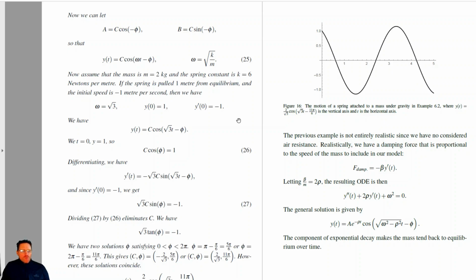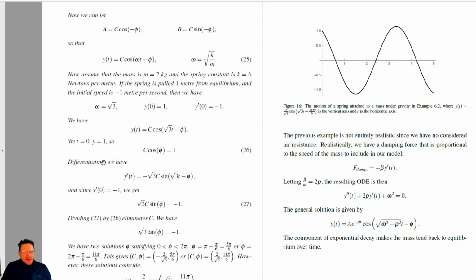And we have t equals 0 when y is 1. And I can see I'm missing a word there, page 59. Okay, and so that gives us c cos of phi is equal to 1. So it gives us a way to find these values here.